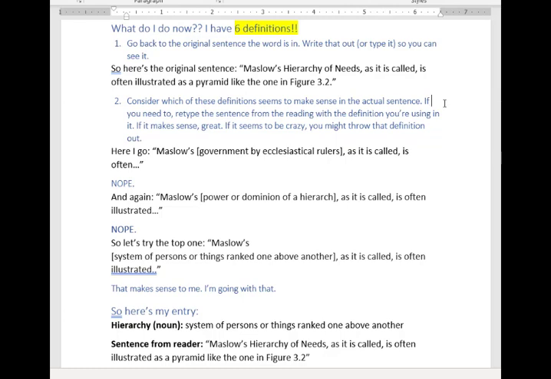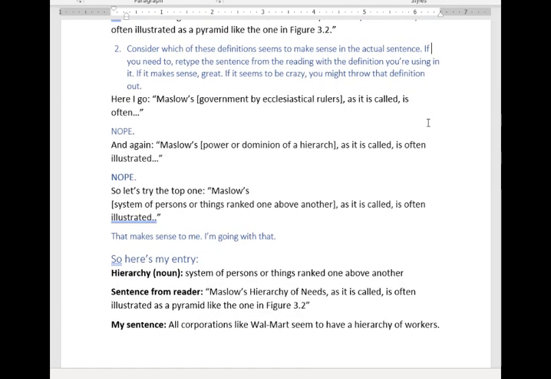I suggest, if you need to, rewrite or type the sentence from that page or from that document with the definition that you're going to use in it, not the original term. If it makes sense, great. If it seems to be crazy, you might throw that definition out. Let me show you what that might look like.